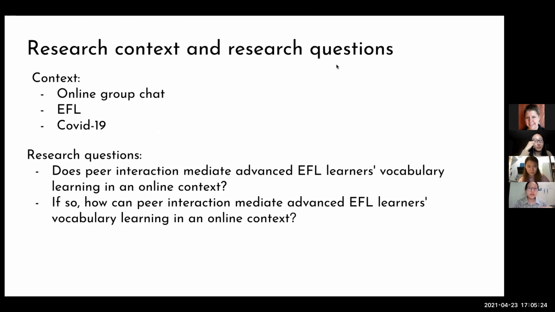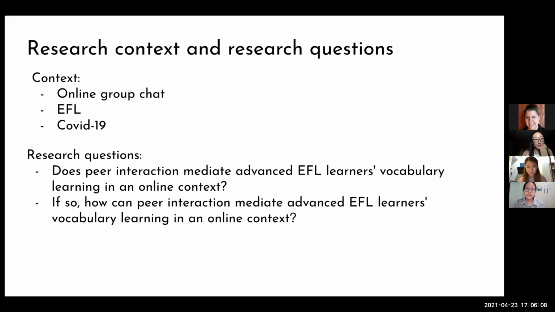So our initial motivation for this study is from an observation that there are a lot of online learning groups in China, in Chinese social media. We are aware that in an EFL context, students are looking for an environment to practice and actually use English, and the interaction between teacher and learners in the language classroom is also limited.